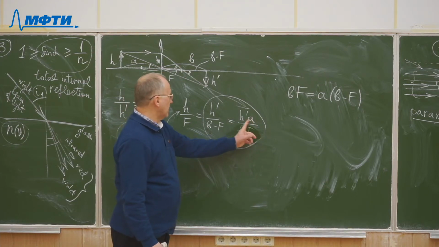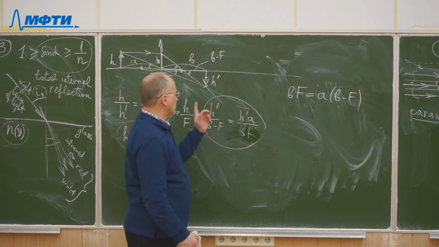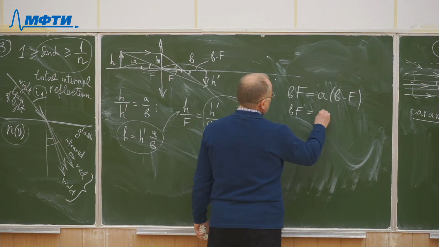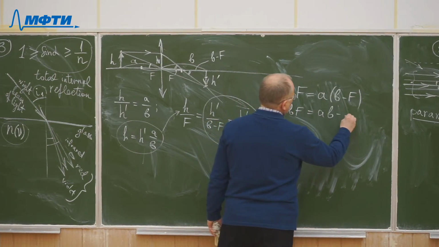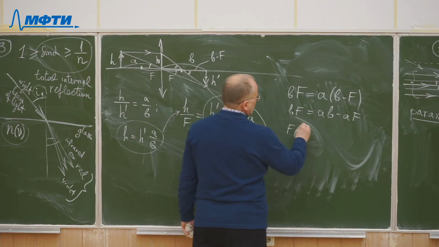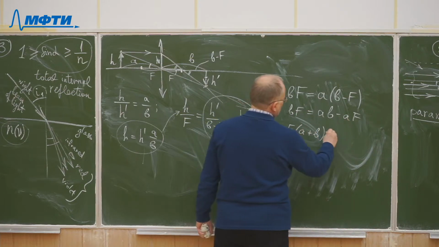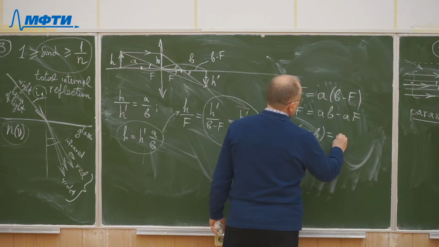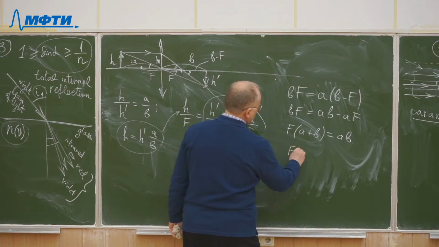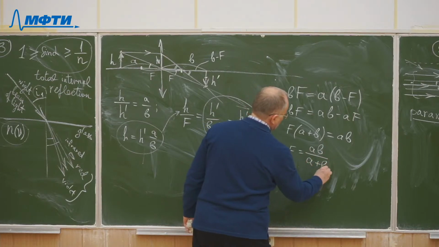It will go here, so a times (b minus f), that's correct, and bf is here. After opening the round brackets, I will obtain ab minus af, and then I will have f times (a plus b) from here, equals ab. And that will lead us to a formula: f equals ab divided by (a plus b).